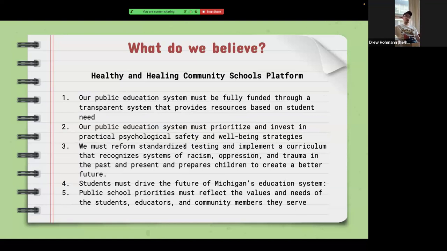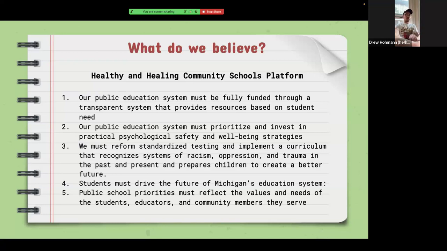Kids of all backgrounds feel safe, right? We want to reform standardized testing and have curriculum that addresses the real things that have happened in our country's history, right? Things like the history of slavery and the genocide of Native Americans. Those are things that we want to really address in our schools.